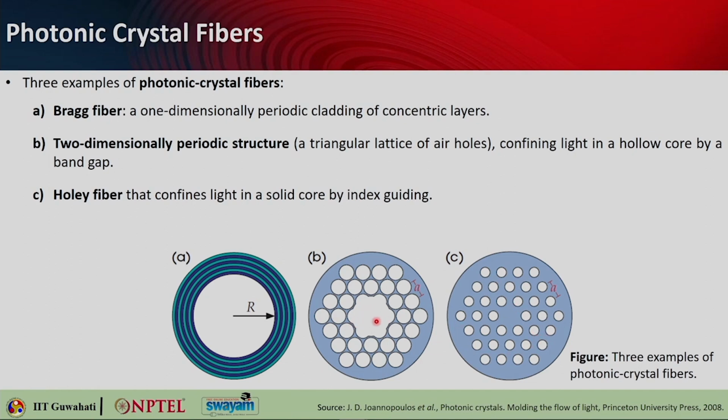This is a hollow core, and in this one the core is solid, but it is called a holey fiber, because the cladding is basically made of holes, because when you have holes around, that will effectively lower the refractive index, and this is how you get a high and low refractive index material in the fiber.